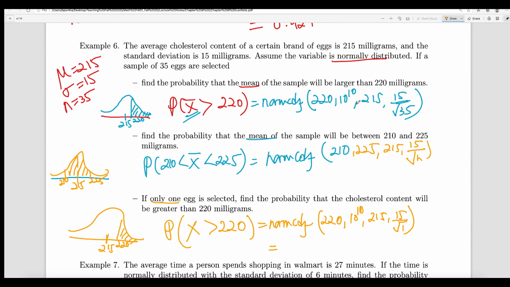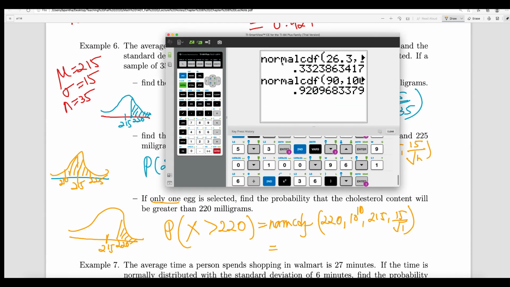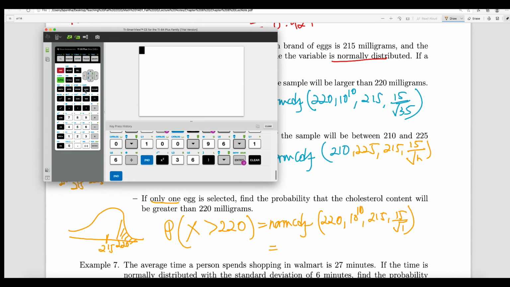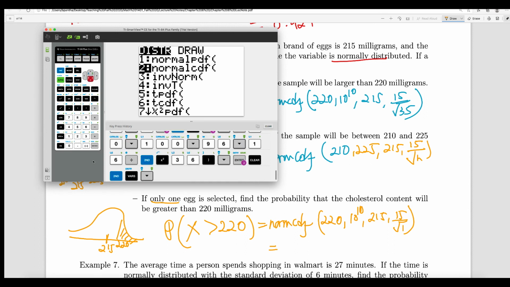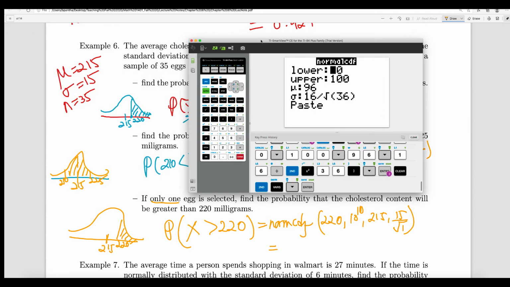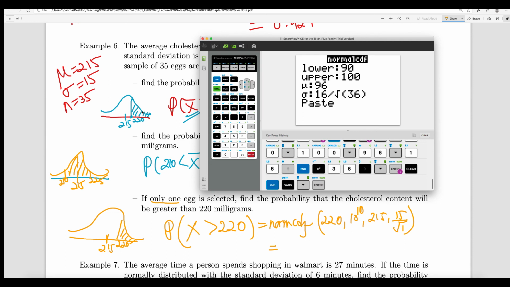Okay, let us do the first one in the calculator. How does that look? On the first one, let me clear what I have. Second vars, normal CDF, and the lower bound. Let me go to the figure. It will be easier to see. On the first one, the lower bound of the shaded region is 220, and the upper bound is 10 to the 10, right?